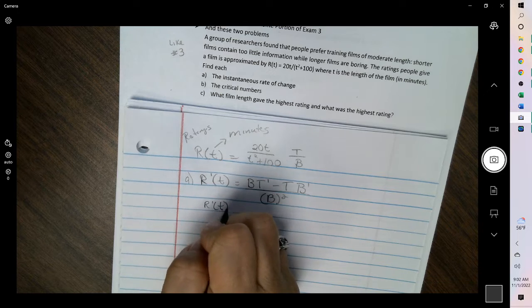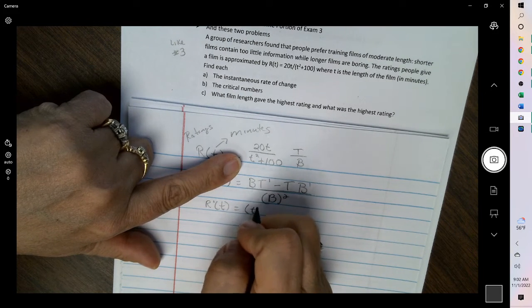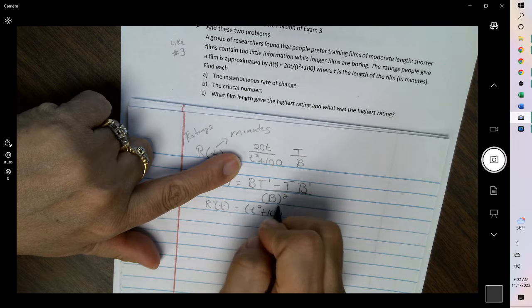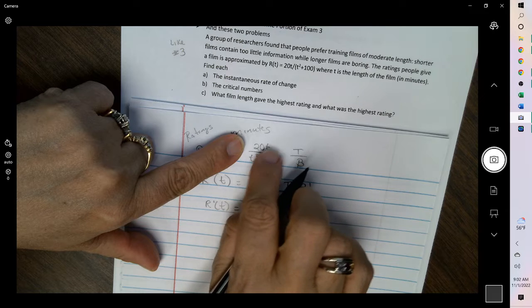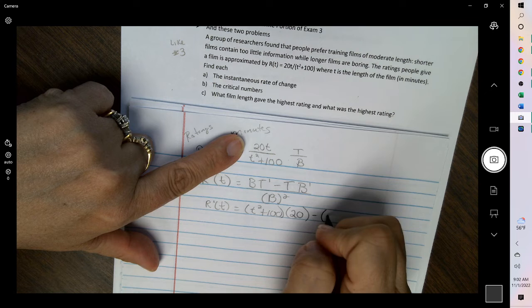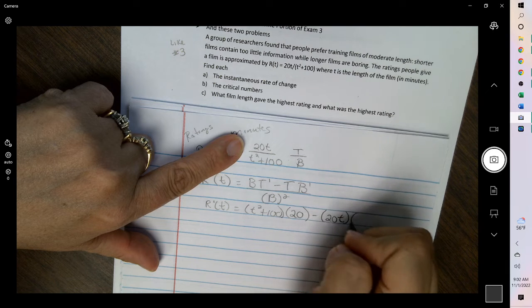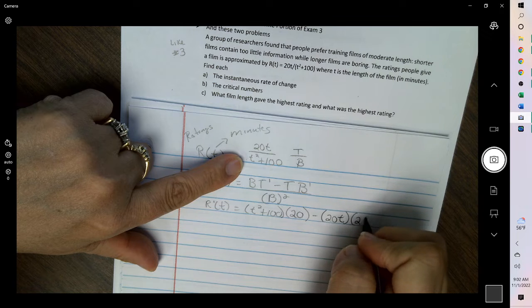So when we take the derivative, the bottom, we just write it, t squared plus 100, times the derivative of this top. Derivative of this is 20, and then t to the 0 drops off, so it's just 20, minus the top times the derivative of the bottom. This is 2t to the first.